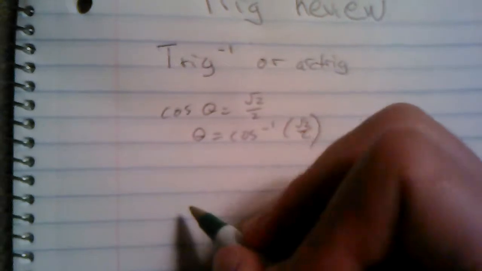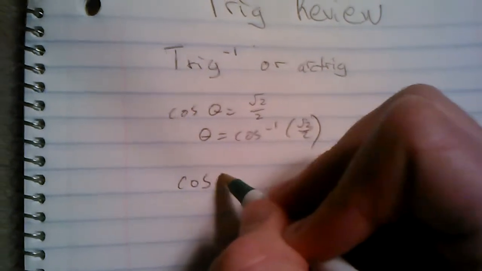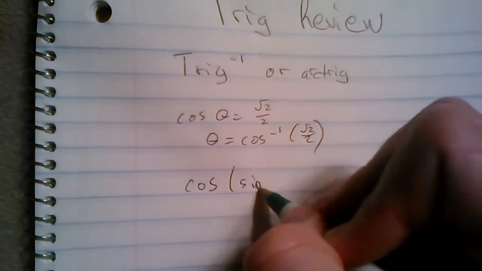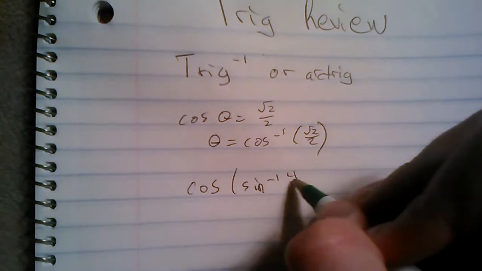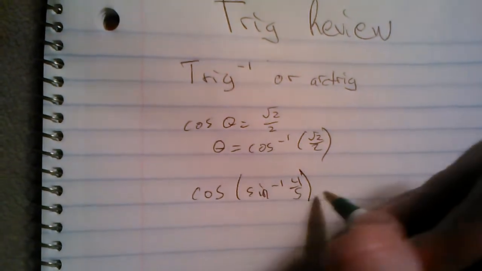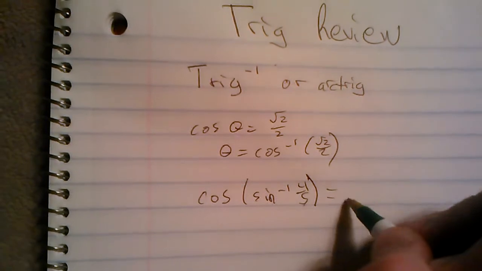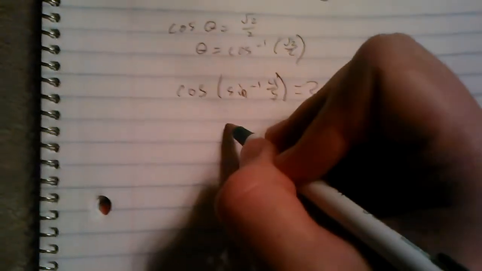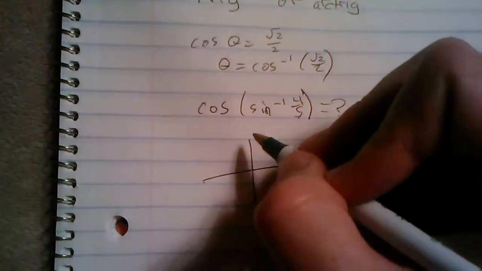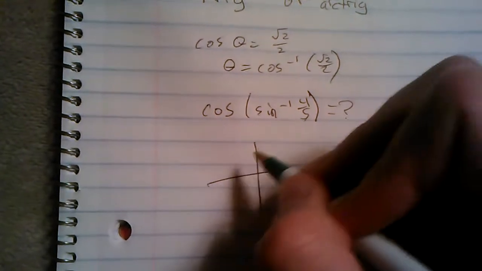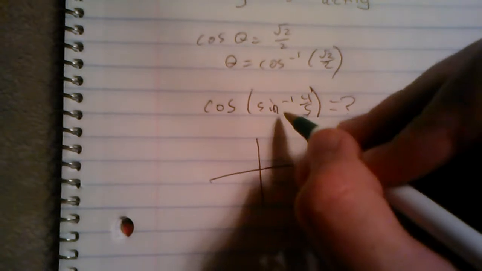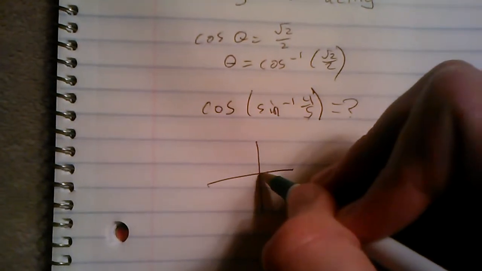So if you had, say, cosine of sine to the negative 1 of 4/5, what would that equal? Well, let's draw out a graph. Remember, cosine is this up here, sine is this up here when we're working with the negative ones. So that's positive and positive, so we're going to go right here.